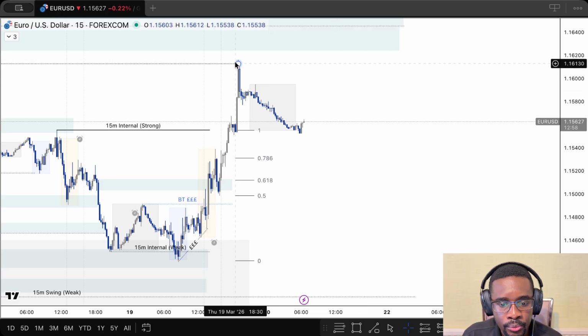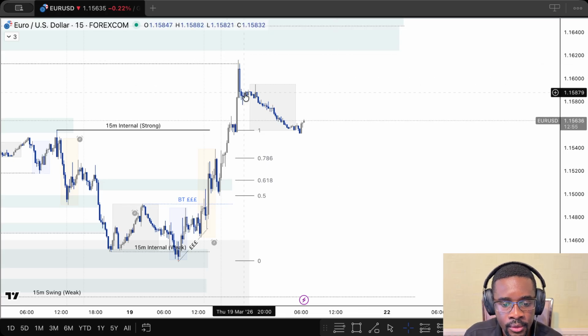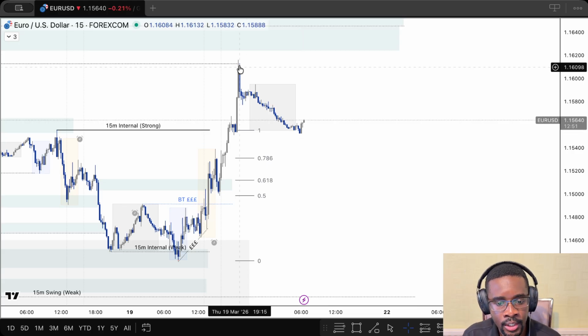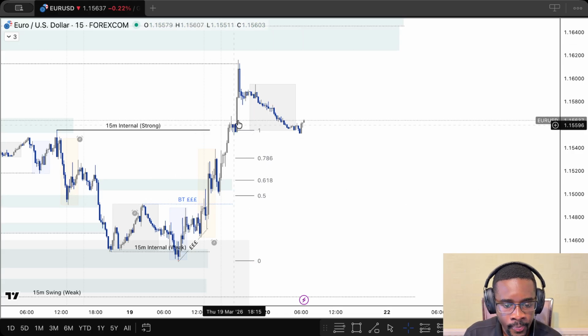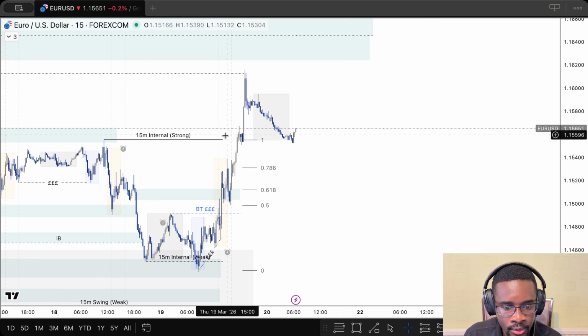Alright, so we have swept that high, and then during Asia we've had a straight push down after the sweep. So it is likely price is extended.